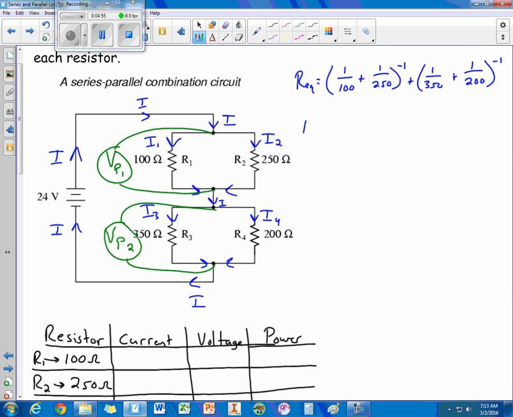So this equivalent resistance would equal 71.42 ohms plus 127.27 ohms, or just simply 198.